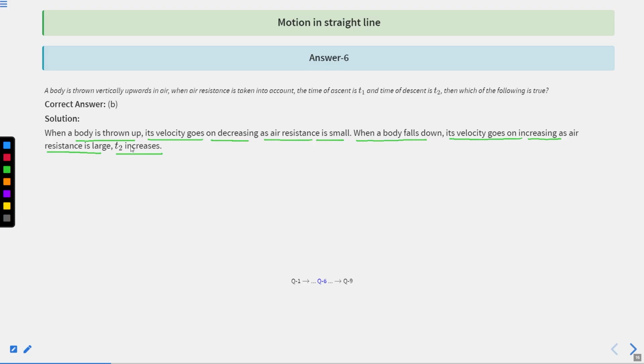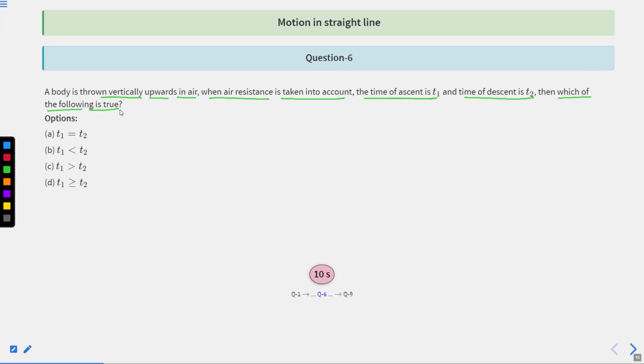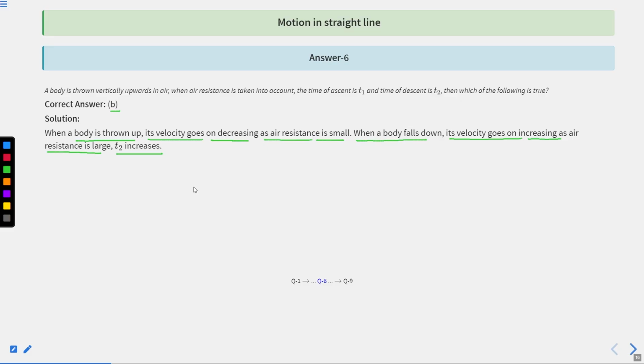Clear? So the correct option is B. Read the question carefully. Clear? Next question.